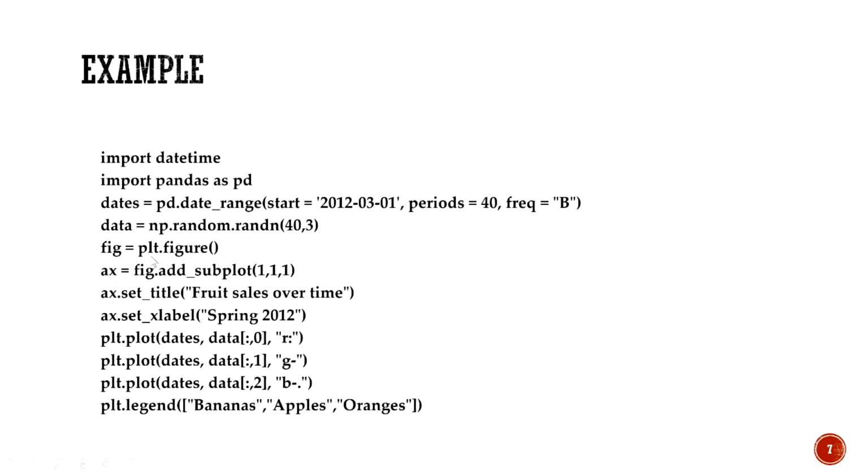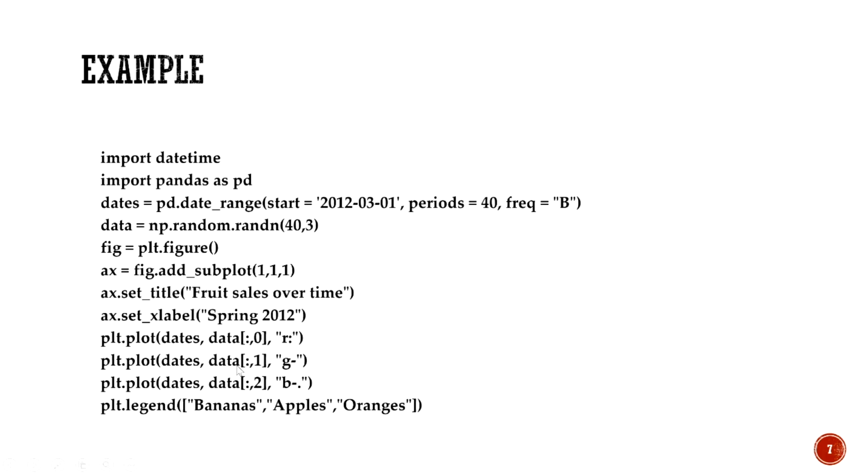So we define plt.figure, we define the object. Then we add subplot, title, X label, and then we pass data. So plt.plot, dates is our x-axis, and then the first column is our y values, and the color is red.